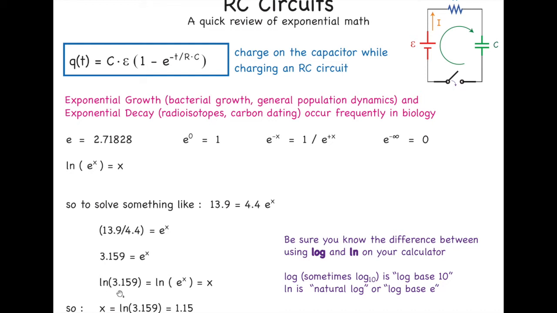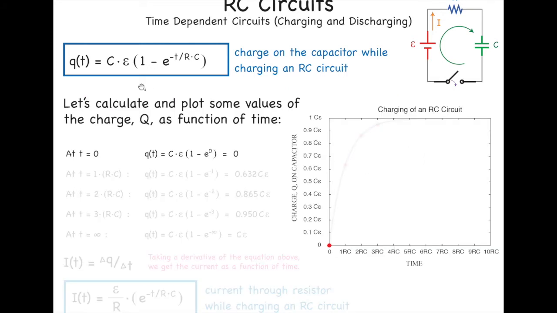The natural log of 3.159 is equal to the natural log of e to the x, which is just x. So x is the natural log of 3.159, which works out to be 1.15 when you plug it into your calculator. So let's go ahead and calculate and plot some of the values that you would get for charging a capacitor.